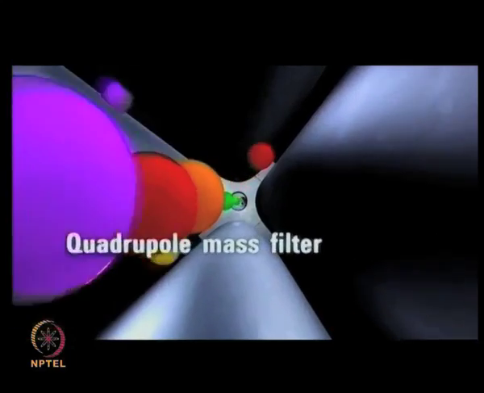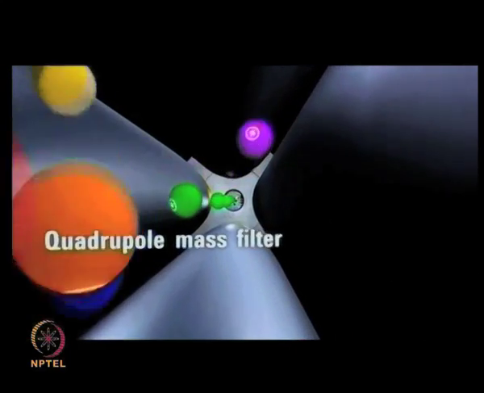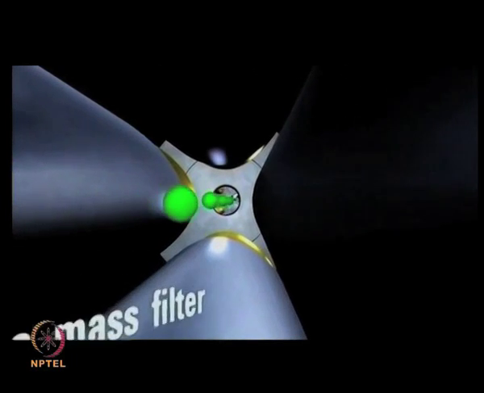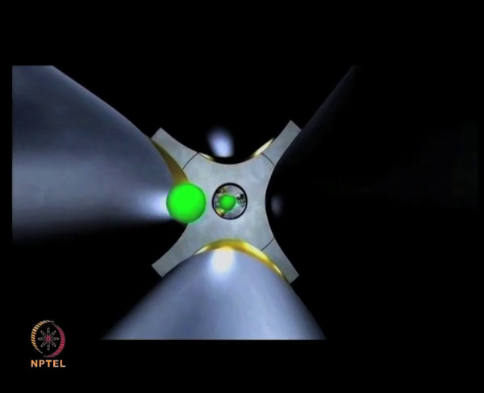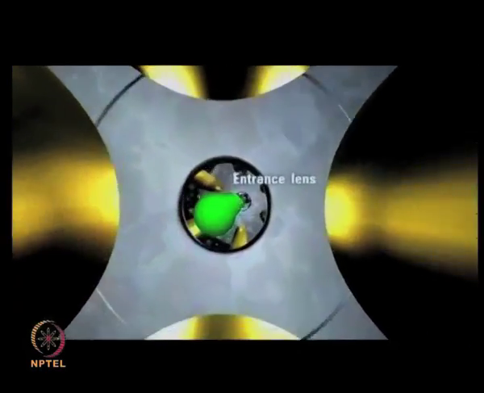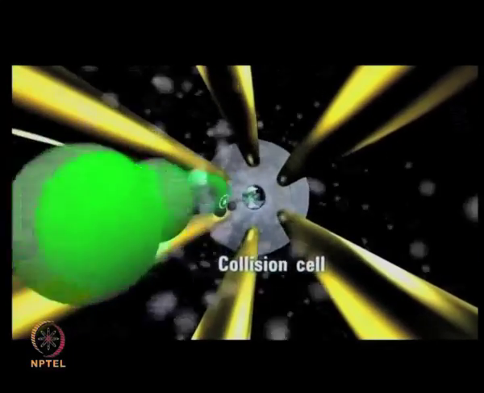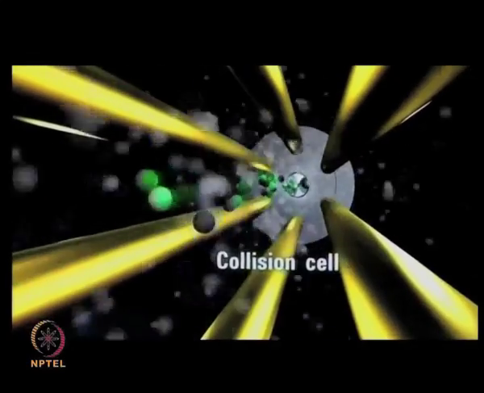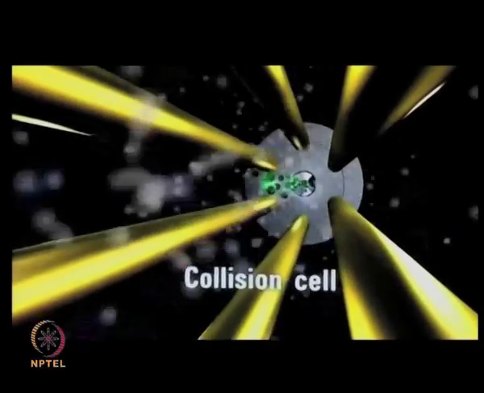The first quadrupole mass filter allows only ions of the target mass to pass through. The hyperbolic shape of the rods enhances ion transmission and spectral resolution. In the hexapole collision cell, precursor ions strike collision gas molecules, generating product ions and neutral fragments.